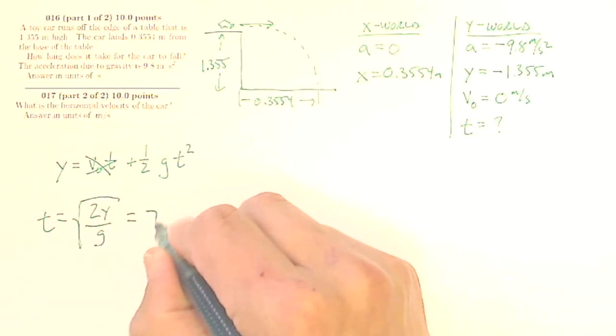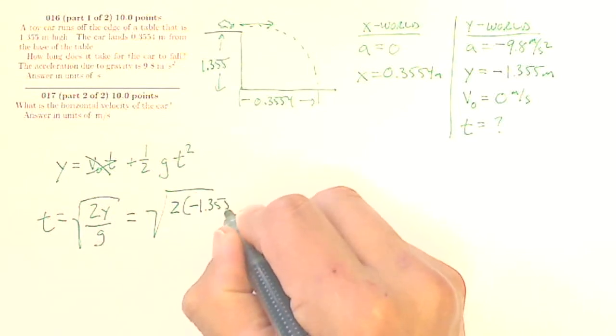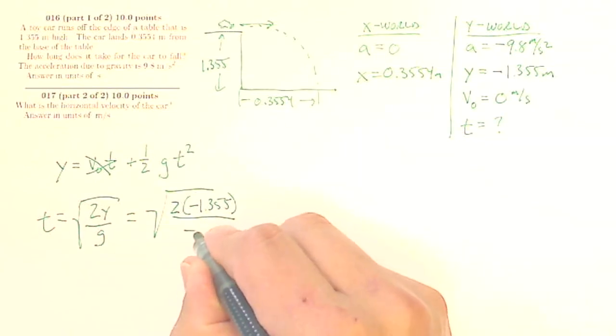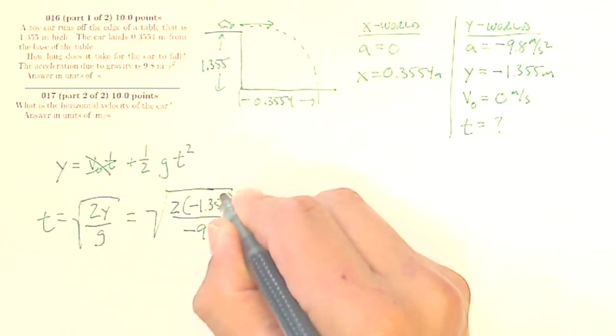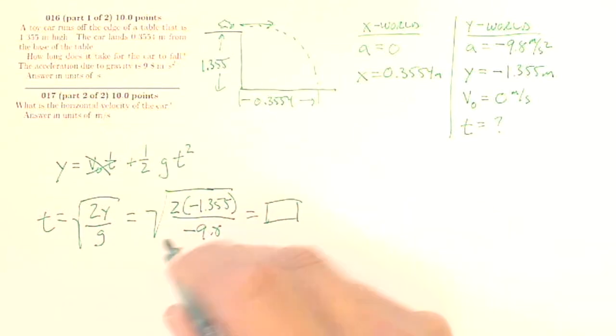So in my case, that's the square root of twice negative 1.355, that's my y, divided by my gravity, negative 9.8. When I do this, that'll give me a positive number, and that will give me my time when I square root it.